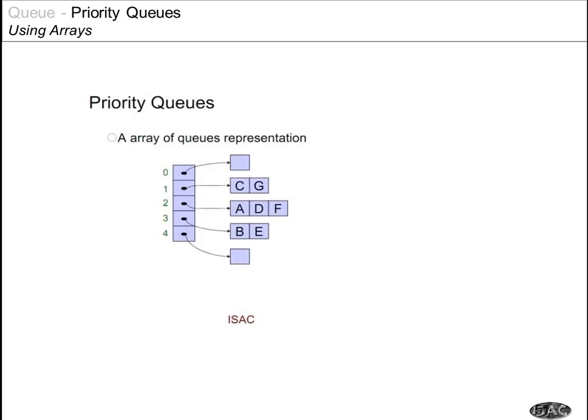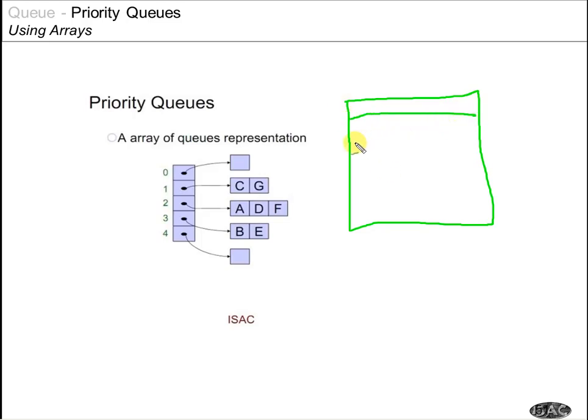You can also implement a priority queue using an array of queues. What you can have is a multi-dimensional array which might look something like this. Think about an array. Now here, this is a multi-dimensional array.